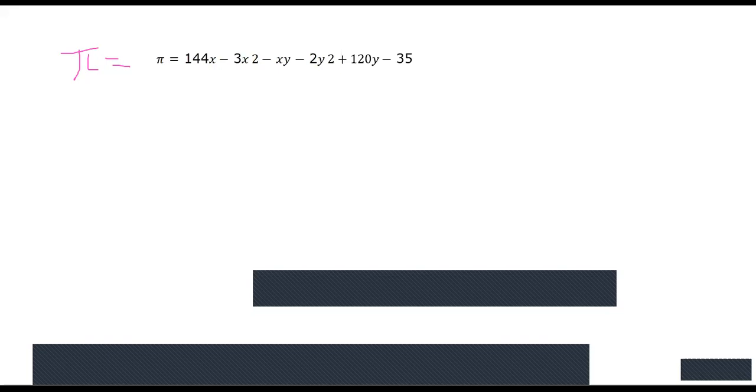And you're asked to maximize or optimize profit. What do we do? The profit function is given by that function.